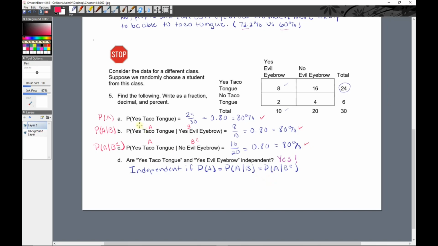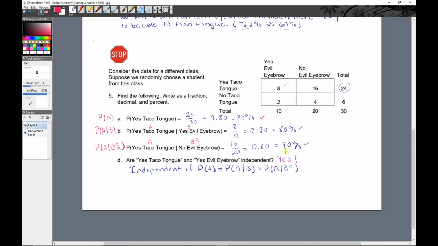So if somebody can taco tongue, they do it at an 80% rate. If they can also evil eyebrow, it's also 80%. And if they can't evil eyebrow, it's also 80%. So what it's saying is that taco tongue is independent of whether or not somebody can evil eyebrow, because the proportions or the fractions or the percentages are the same whether they can evil eyebrow or not.